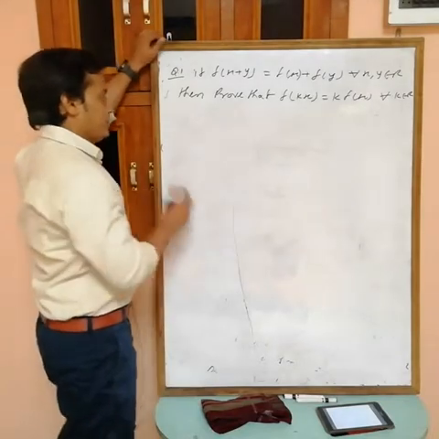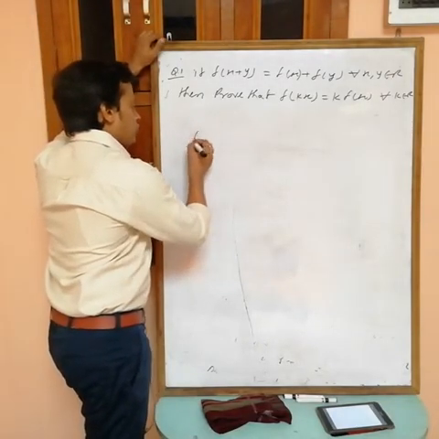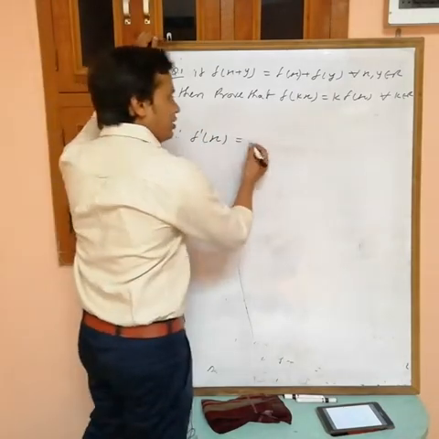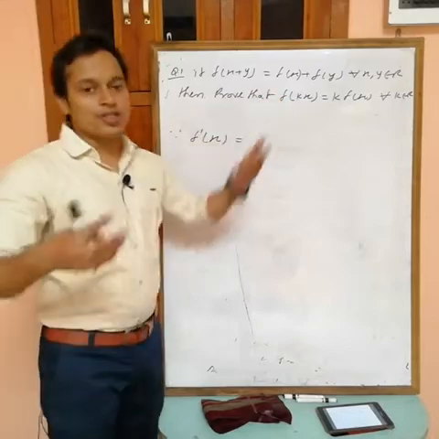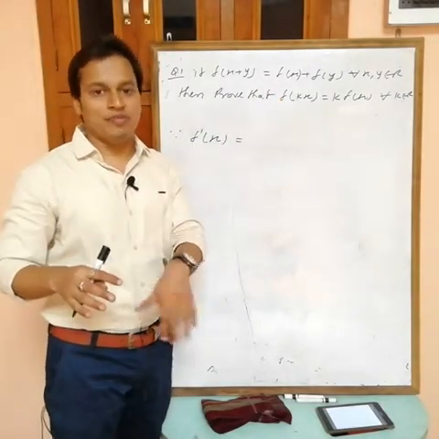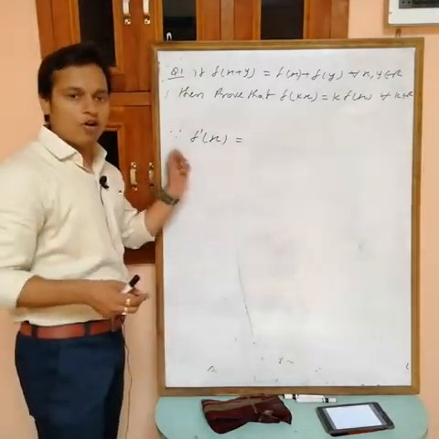Now see, first thing, directly use the formula of f dash x. We want to prove this one, I want the function. So if I can find f dash x easily, then by using integration I can also find f(x). So first I will find the value of f dash x.